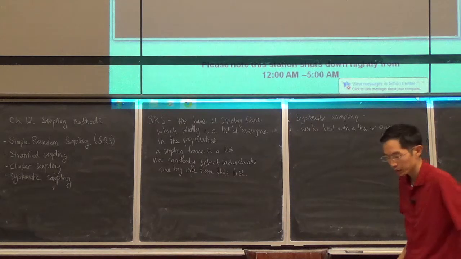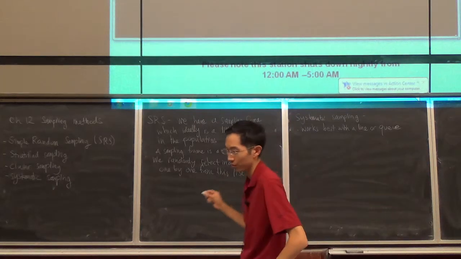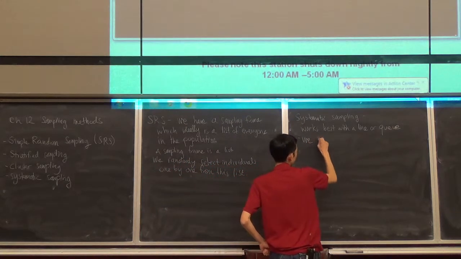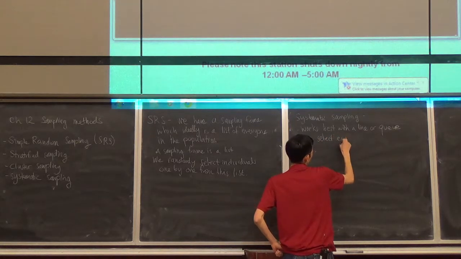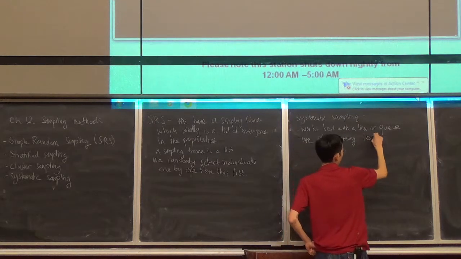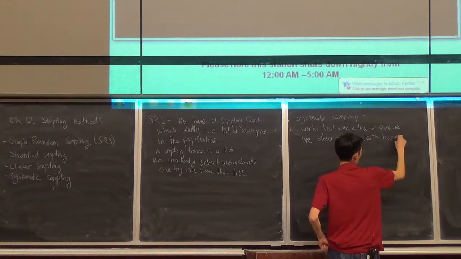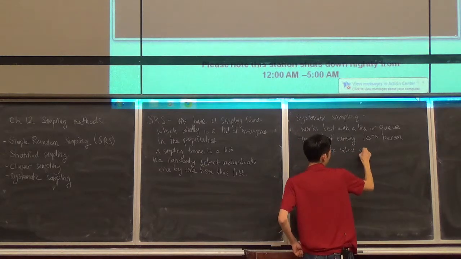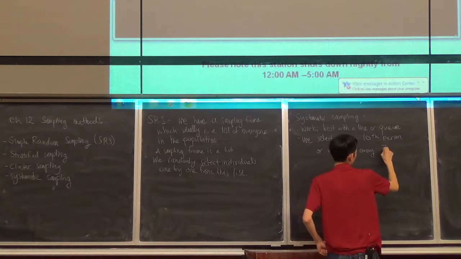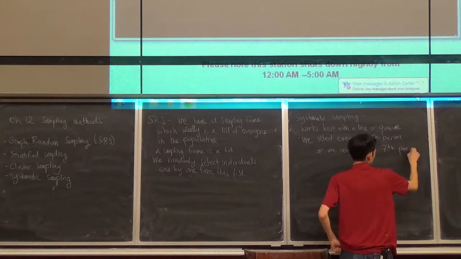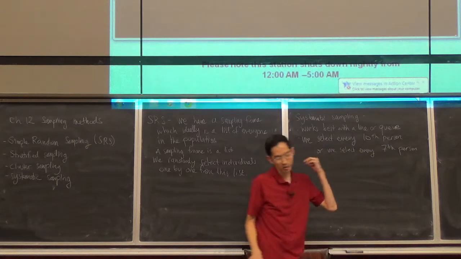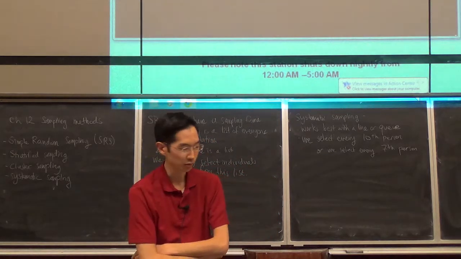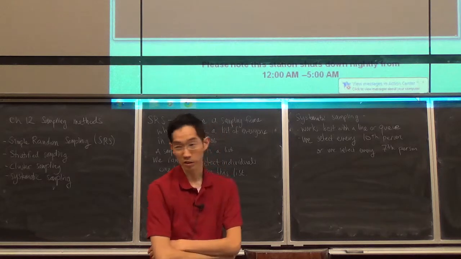Basically you say, I'm going to select every 10th person, or every 8th person. Instead of selecting everybody, we just select every 10th person or whatever number we choose. And that's how we get a systematic sample.